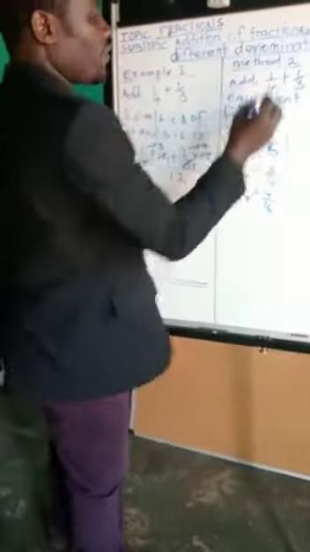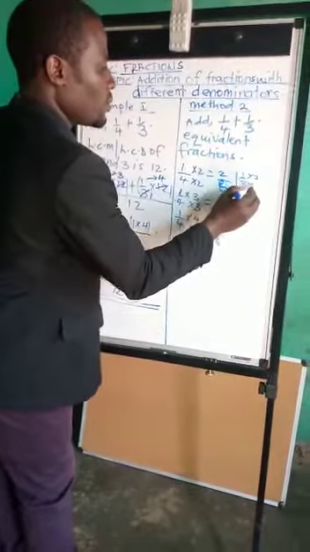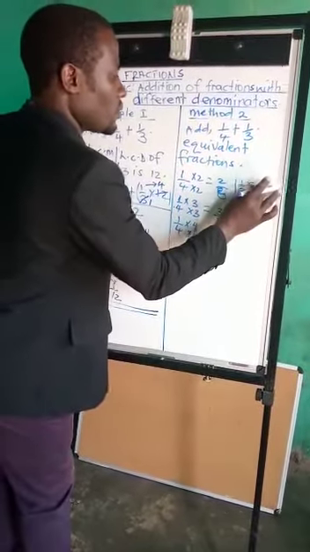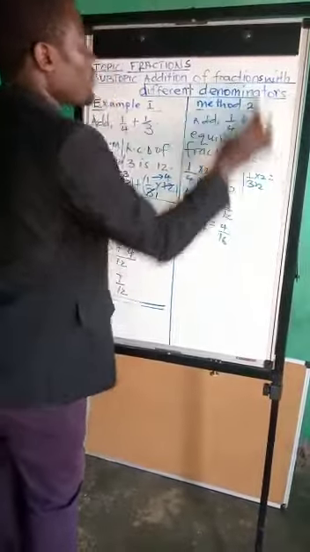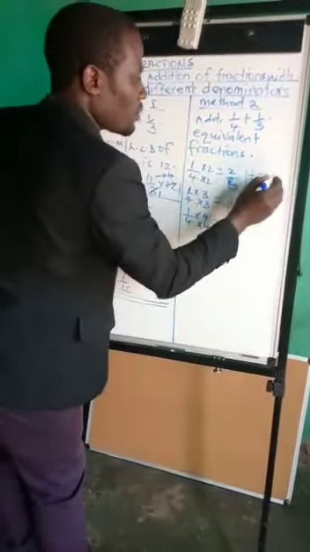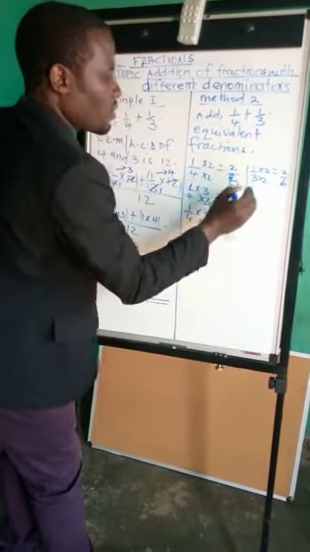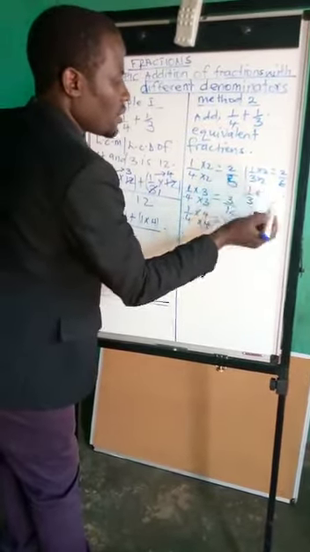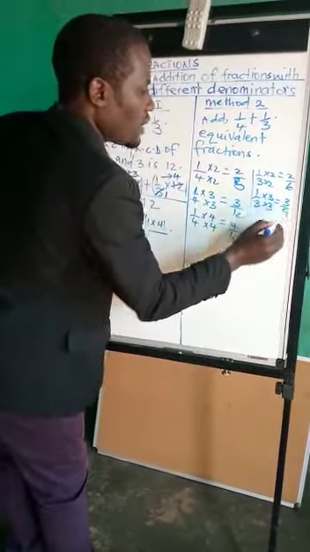Let's get the equivalent fractions of a third. We multiply a third by 2, we get 2 out of 6. The next equivalent fraction of a third is times 3, we get 3 out of 9.